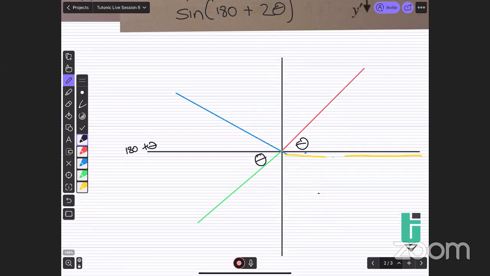Your triangle would be here. Do you agree your x value is negative? Yes. Y value is negative. And your hypotenuse is positive. So if you were to find the sine of this, would your answer be positive or negative?